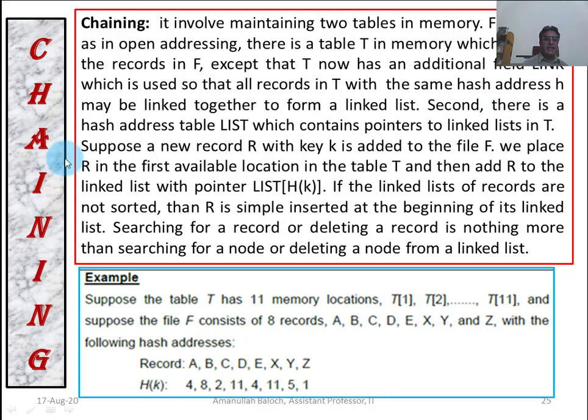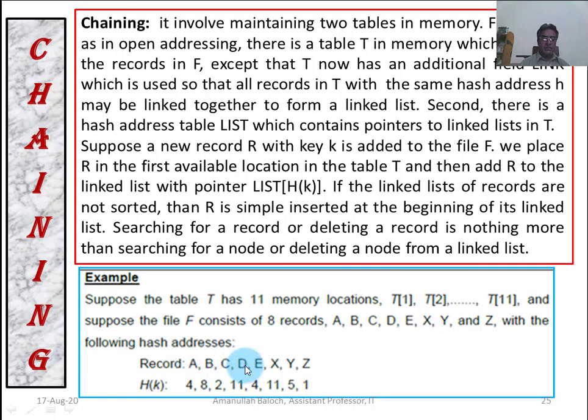Second, there is a hash address table list which contains pointers to linked lists in T. Suppose a new record R with key K is added to the file F. We place R in the first available location in the table T and then add R to the linked list with pointer list of H of K. If the linked list of the records is not sorted, then R is simply inserted at the beginning of its linked list. Searching for a record or deleting a record is nothing more than searching for a node or deleting a node from the linked list.